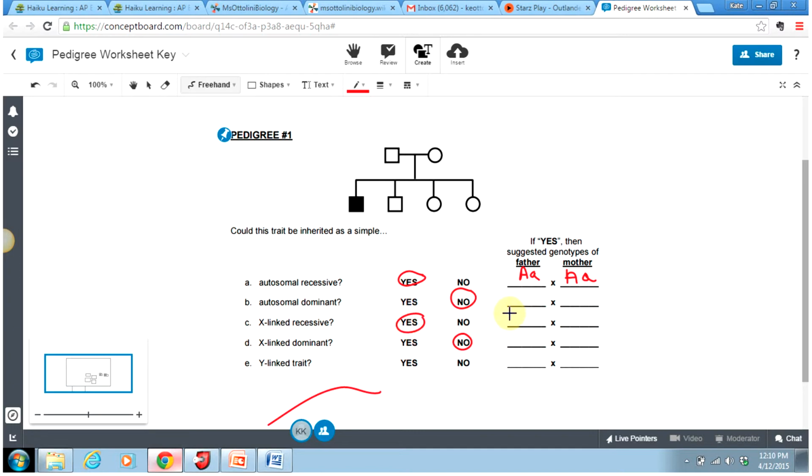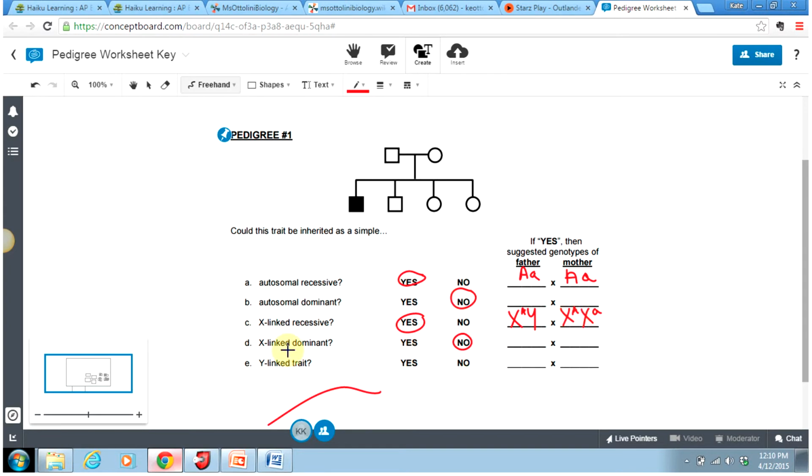And our father is going to be X big A Y. And our mother is going to be X big A X little a. Sorry, it's hard to tell the difference between my X big A's and my X little a's on this.